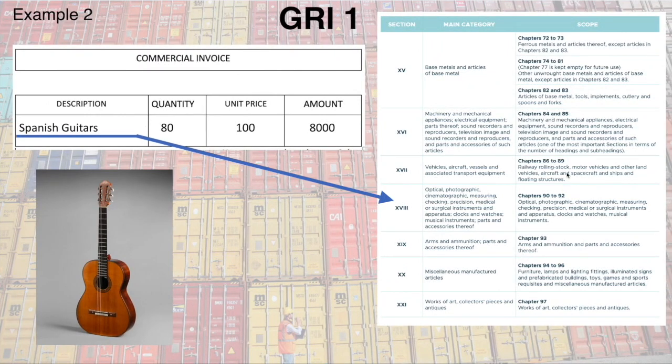We review again as a reference what the text of the section indicates, and we now find section 18 that mentions the musical instrument. This section includes chapters 90 to 92. So we will see which one has a title that can guide us in this search for the correct heading.